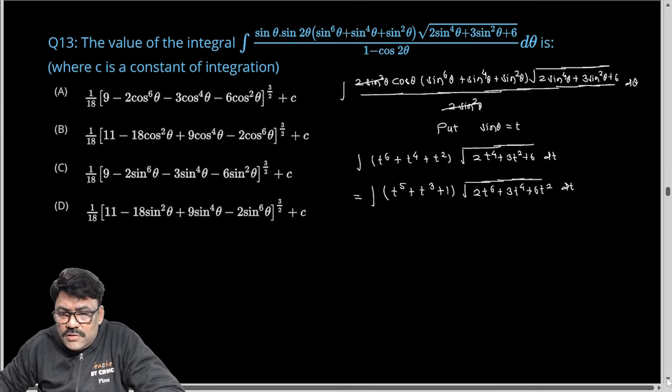Now you can see that if I substitute this 2t raised to 6 plus 3t raised to 4 plus 6t square as, let's say, z.